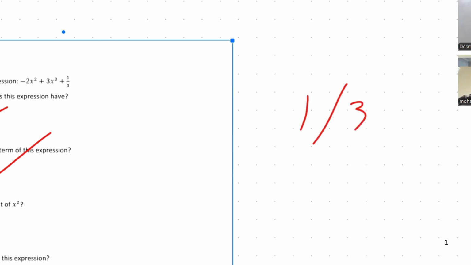Now I want us to be able to also do D, where they say what is the degree of this expression. That's something I didn't mention, but I want to see how best you can answer this.